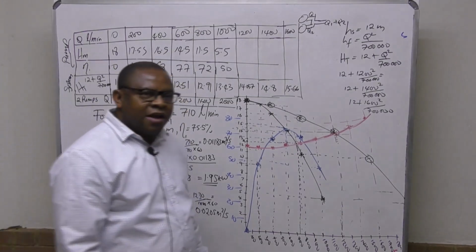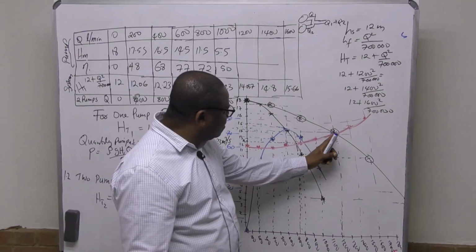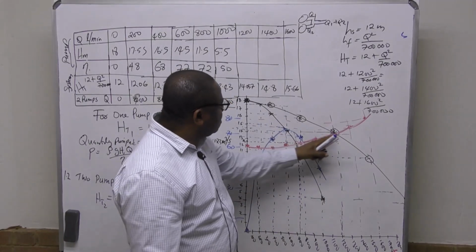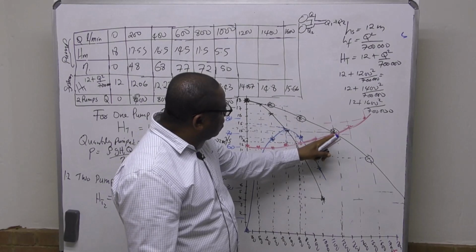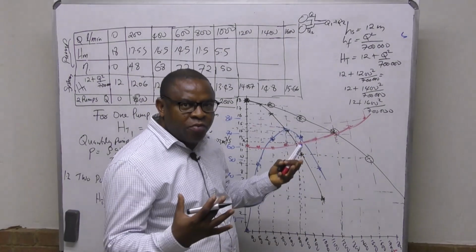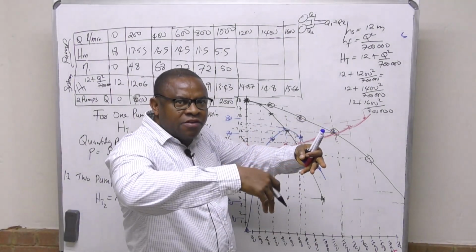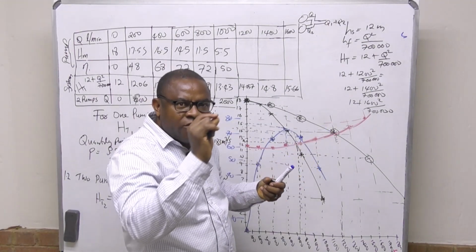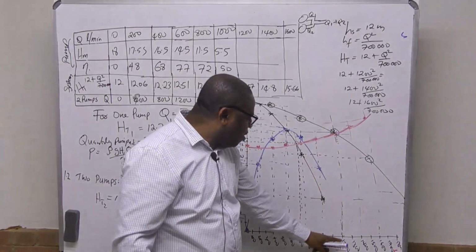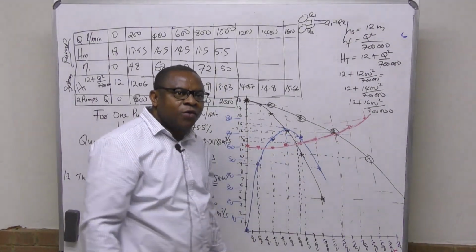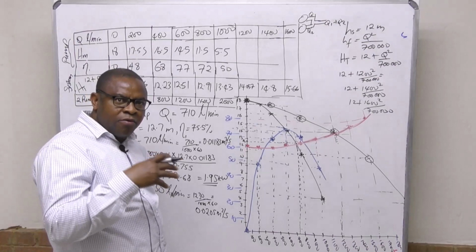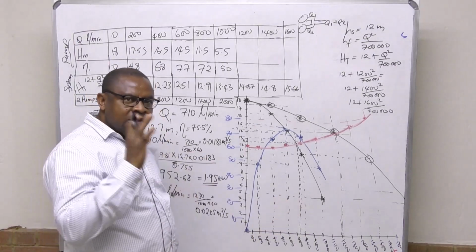Then efficiency. At this point the efficiency curve does not cut that. Because you have two pumps pumping, to get efficiency you look for the efficiency of one of the pumps, because there are two of them contributing to give this operating flow of 1,230. So the operating flow for one pump will be the flow you have gotten divided by 2.